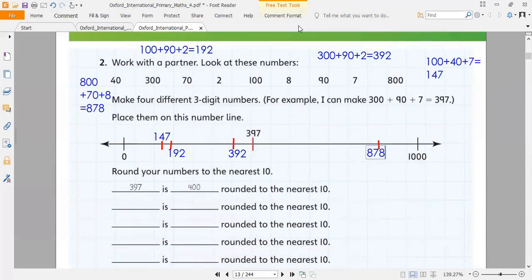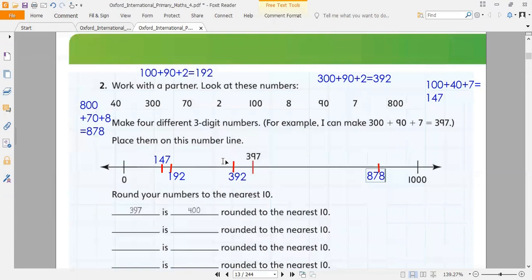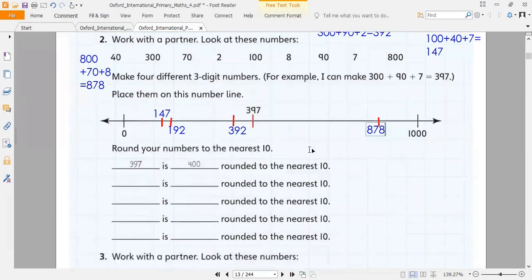So this is the number, rounded to the nearest 10. First number is 147, so the nearest 100 will be 200. The nearest 10 will be 150.